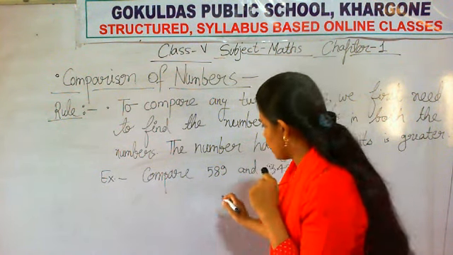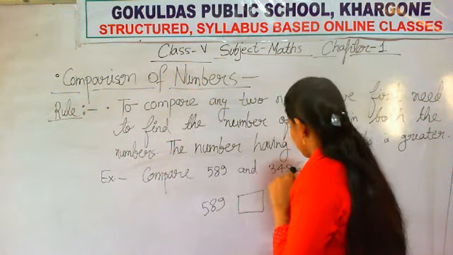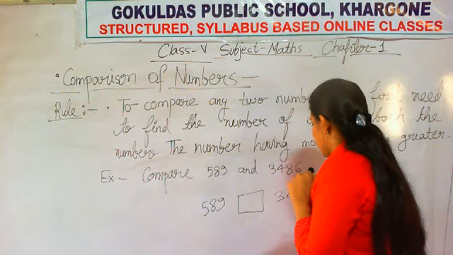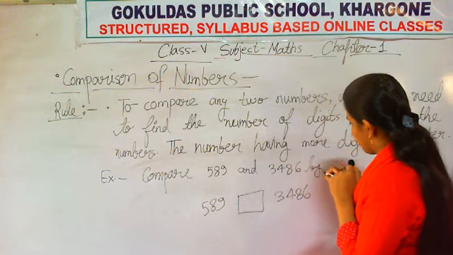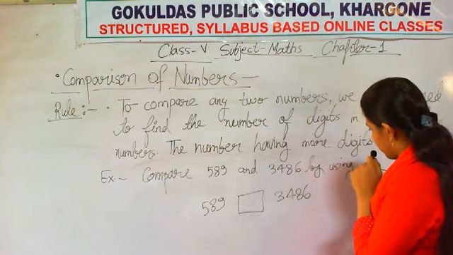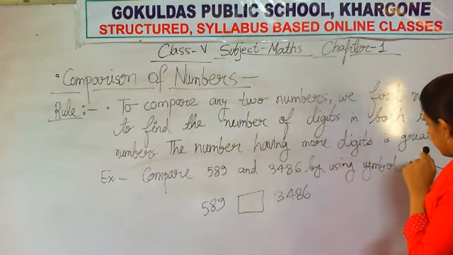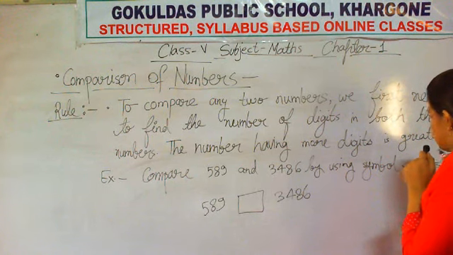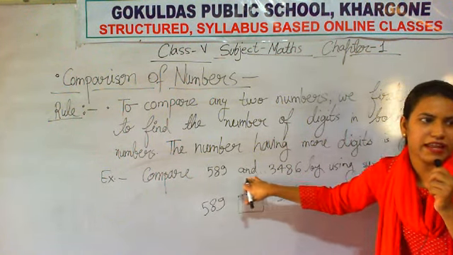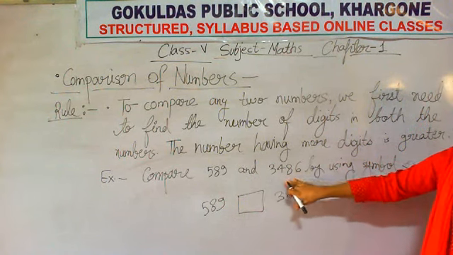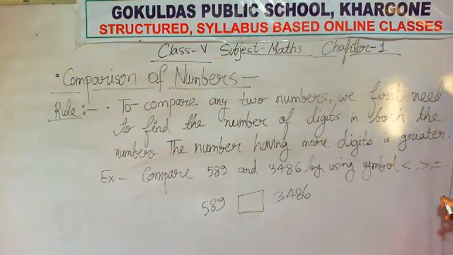You will write 589 and 3486 and compare them using a symbol. What is the task? To compare 589 and 3486 using the symbol greater than, less than or equal.